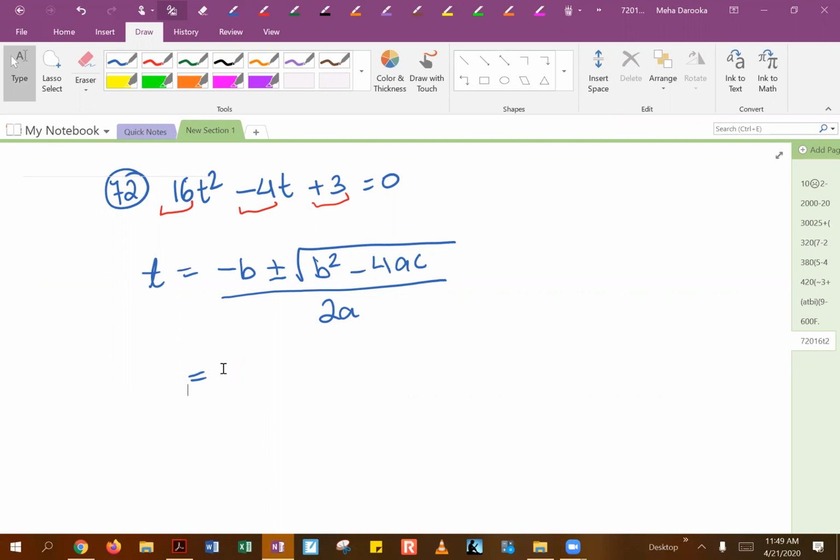What value do you use for B? -4. Yeah, make sure you take the sign with the number.